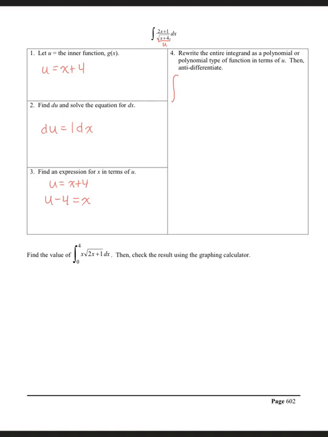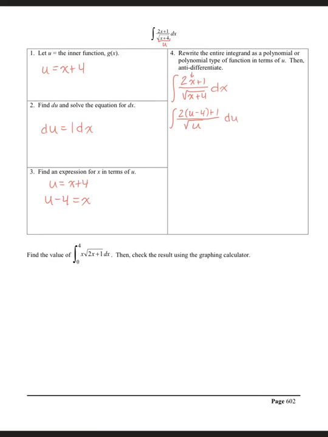So I have 2x plus 1 over the square root of x plus 4 dx. Right there, I'm going to plug in what x equals in terms of u, which is u minus 4, plus 1, over the square root of u, and then I have just dx, which ends up substituting in for du.